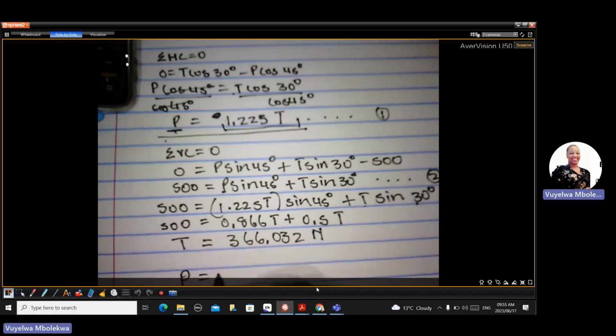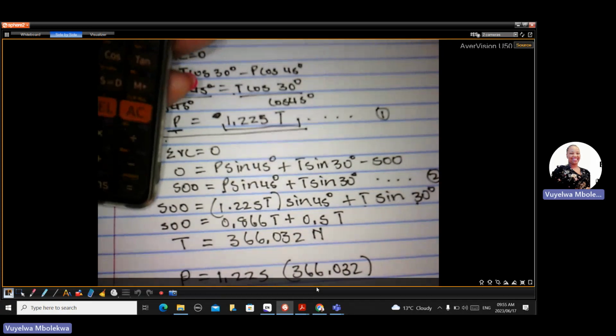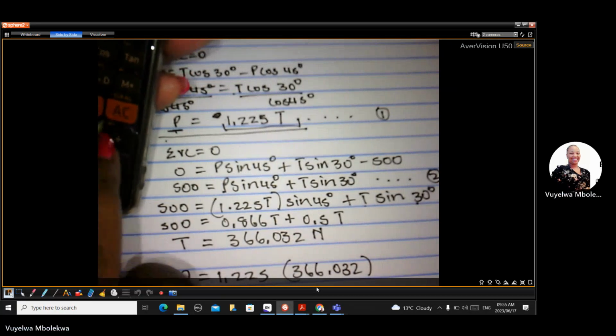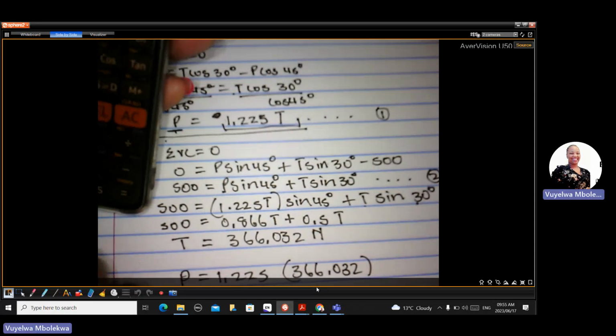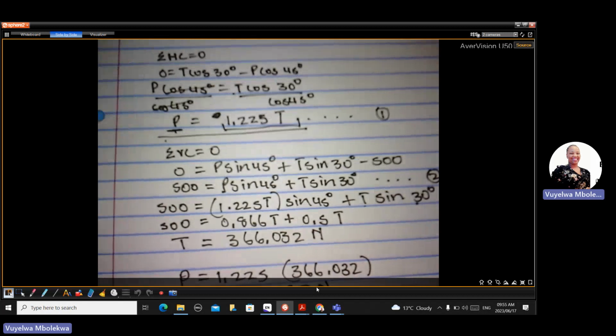So P is going to be 1.225 T, and T is 366.032. So this answer times 1.225 gives us 448.389 newtons.